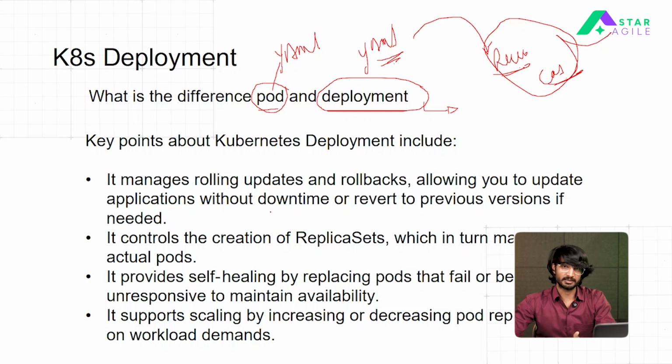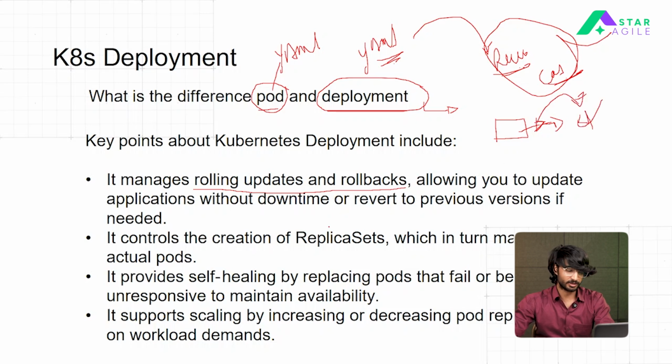The new features deployment has to offer us are rolling updates as well as rollbacks. It is another concept, and I'll have a separate session on it, where we will discuss how to roll out the changes and how to roll back the changes.